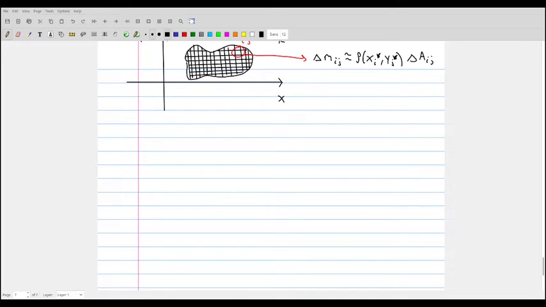So the center of mass for a given Riemann sum, or a given partition of our interval, in general we'll have n squared total pieces.